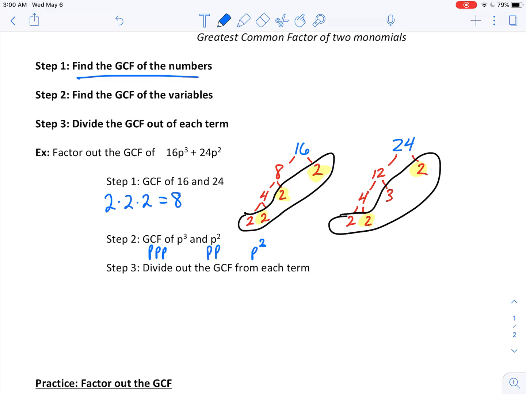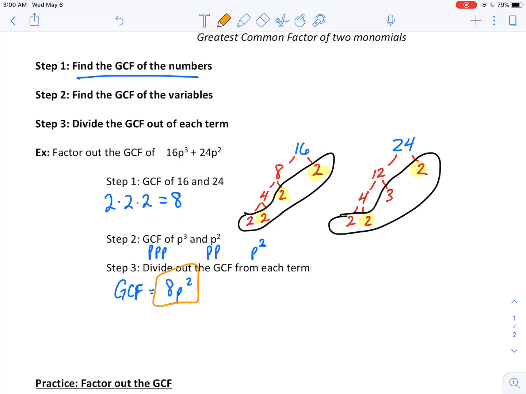So my GCF is 8p to the second. And what we're going to do is we are going to divide 8p to the second power out of both these terms.